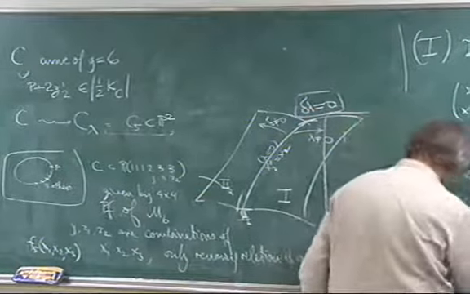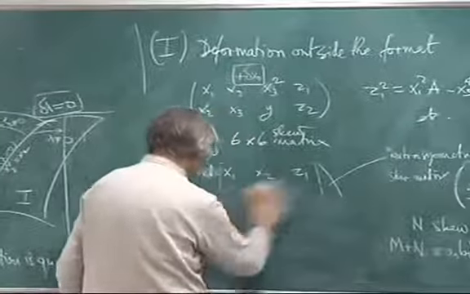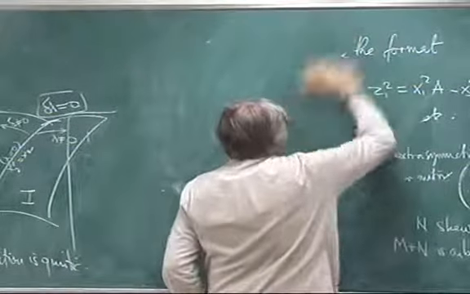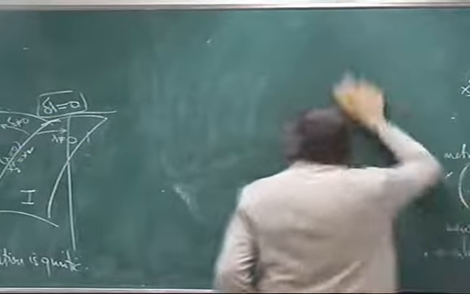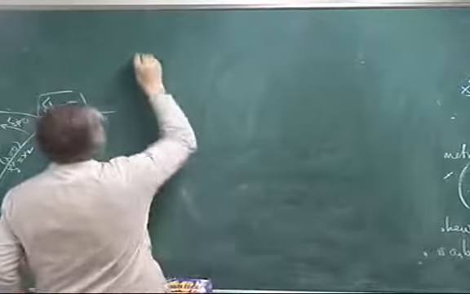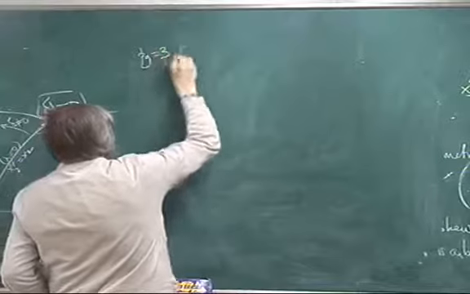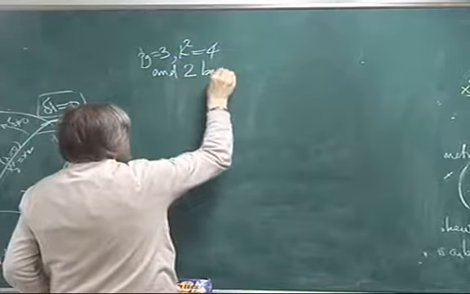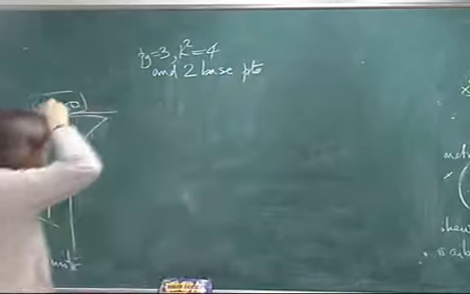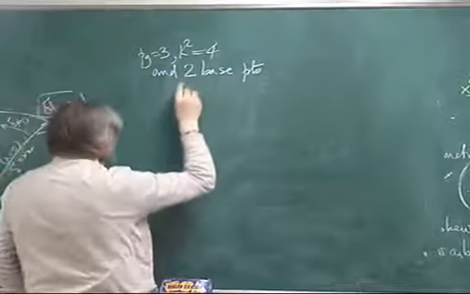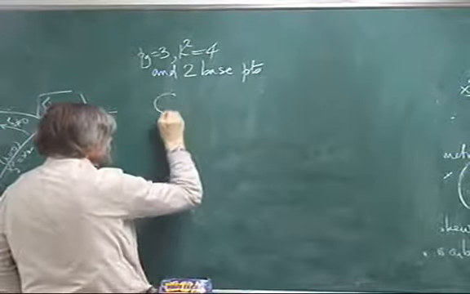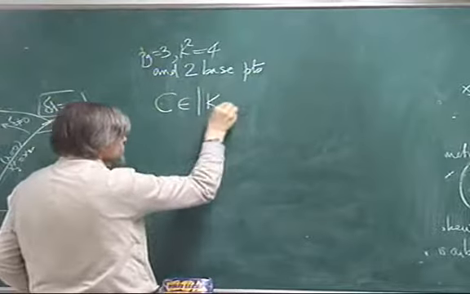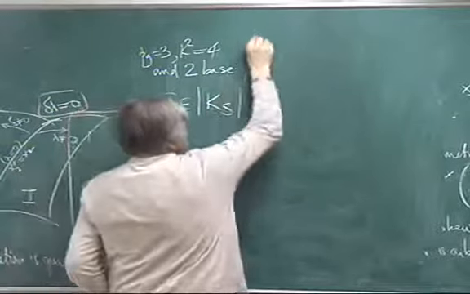Let me say just a couple of words more about this Horikawa-Dix case. So p_g equals 3, K squared equals 4, and 2 base points. Again, I'm going to take the general curve C in K_S. Again, this is Horikawa.